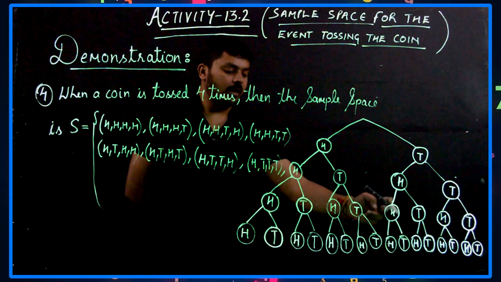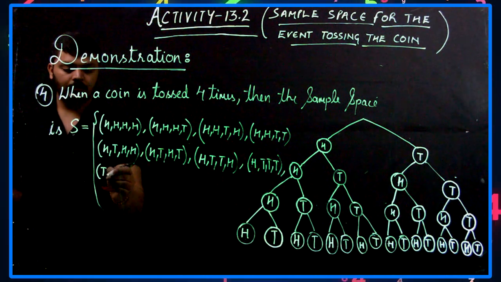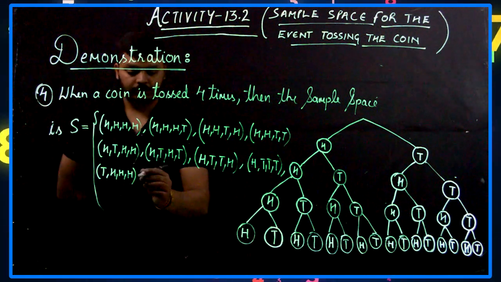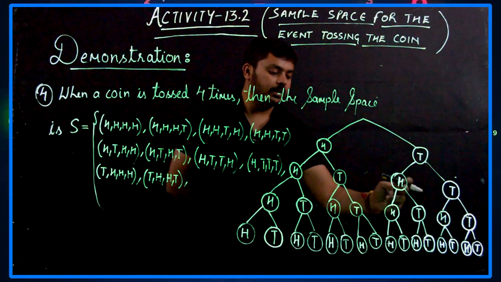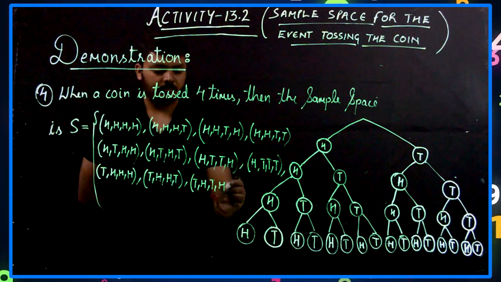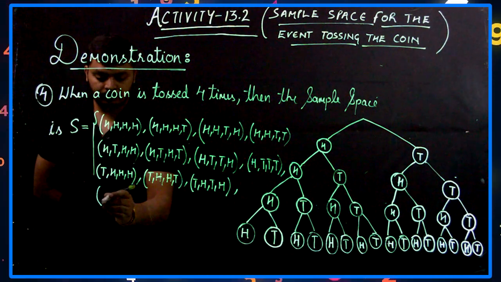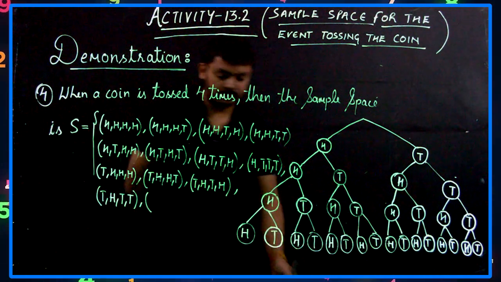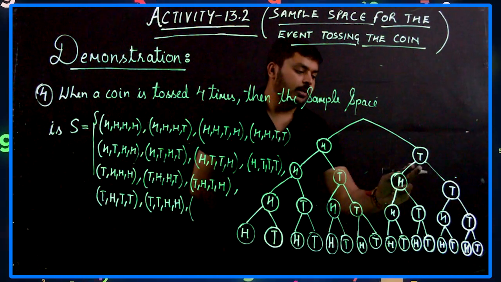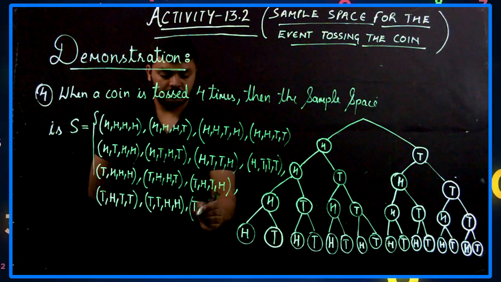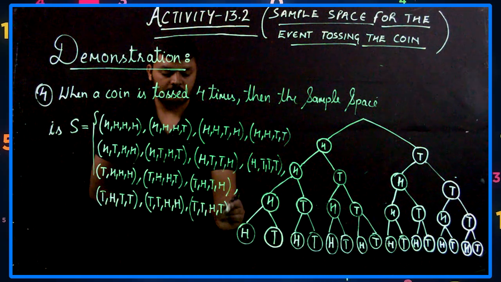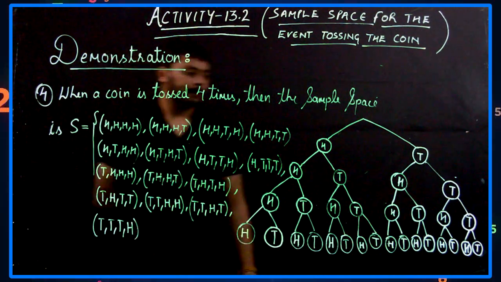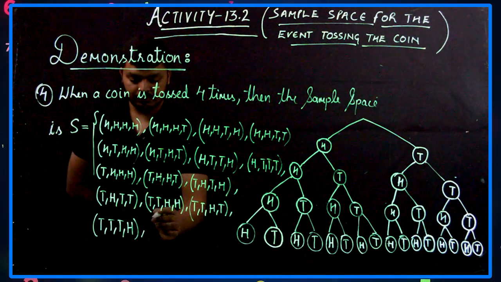Next, THHH, 1 time tail and 3 times heads. THHT, THTH, THTT. Next, TTHH, TTHT, TTTH, TTTT, 4 times tails.